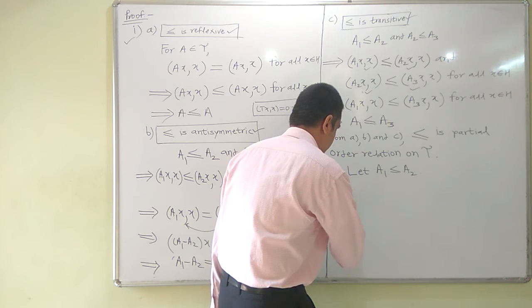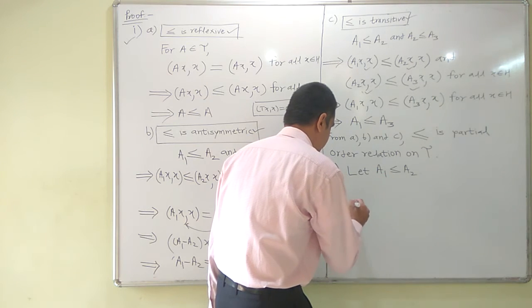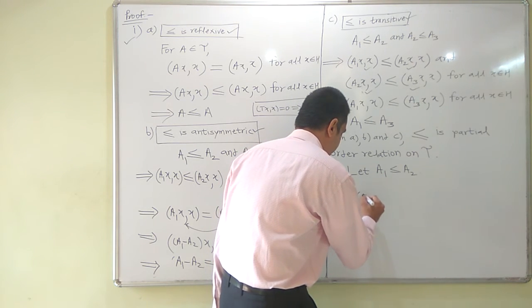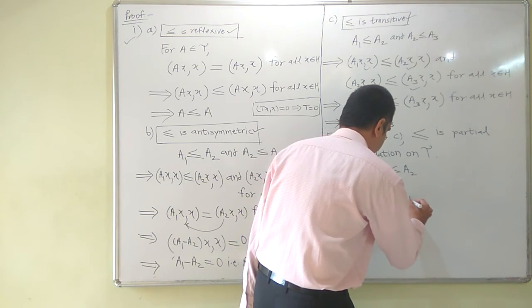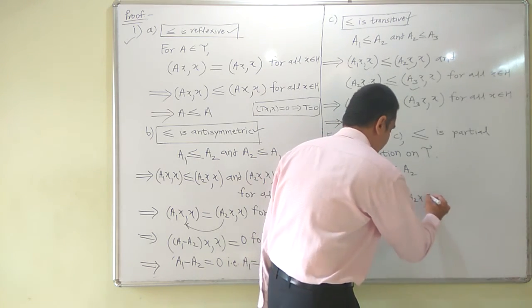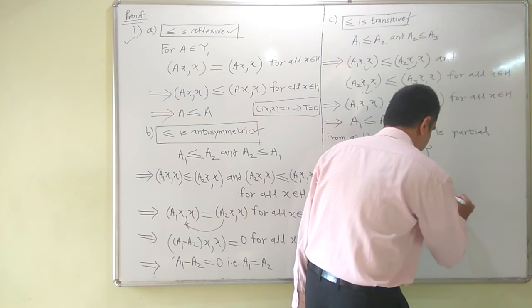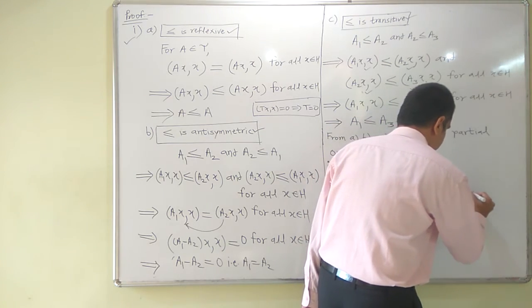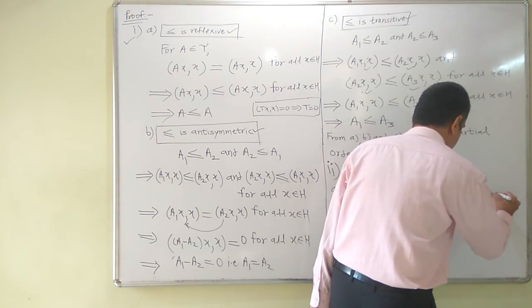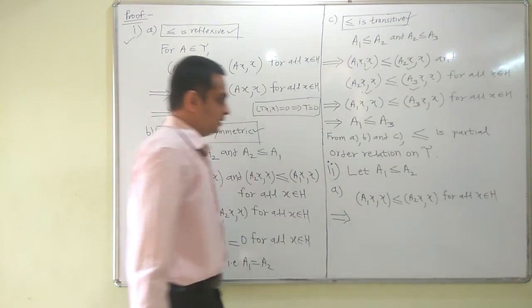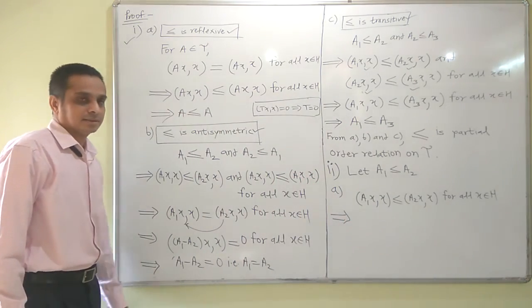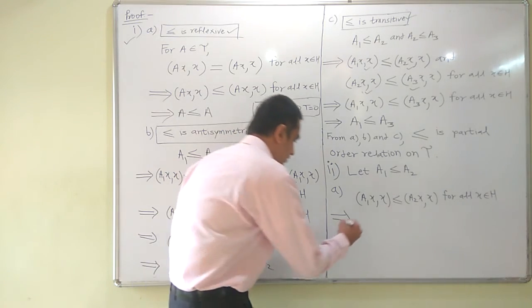by using this, we can write the inner product of A1x and x is less equal to the inner product of A2x and x for all x belongs to H. Now add the inner product of Ax and x to both sides of this inequality.